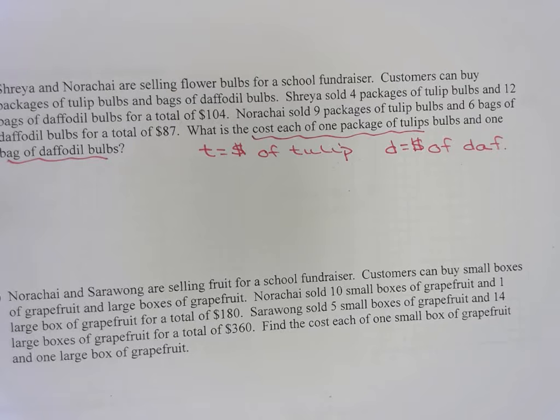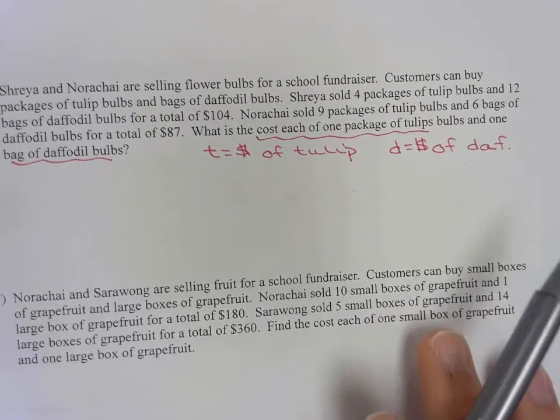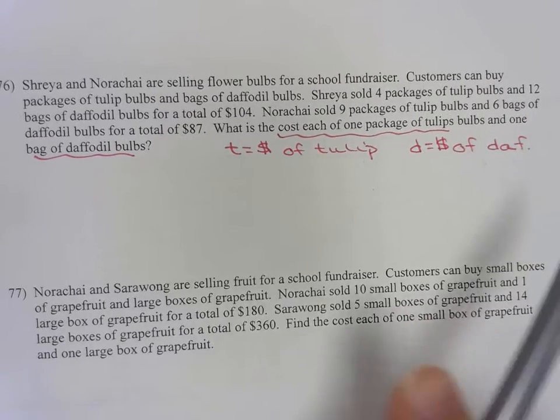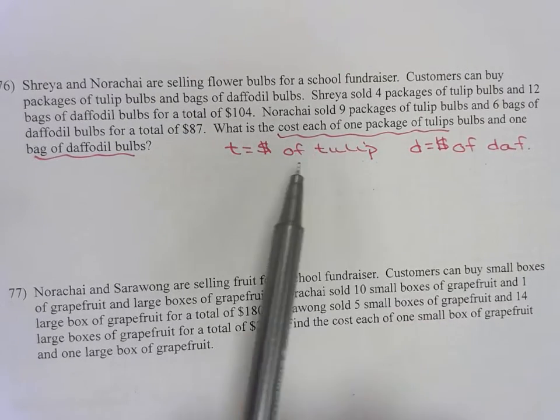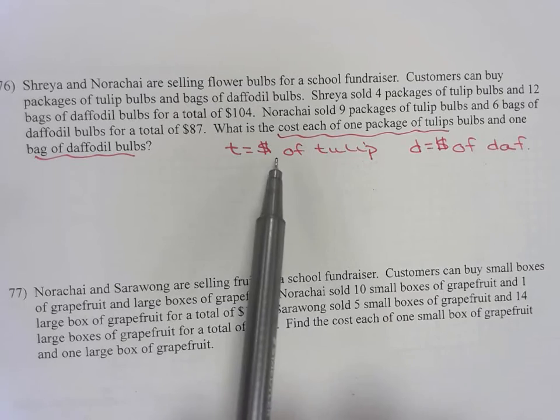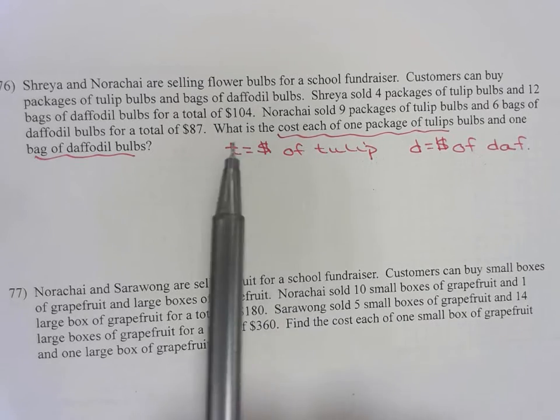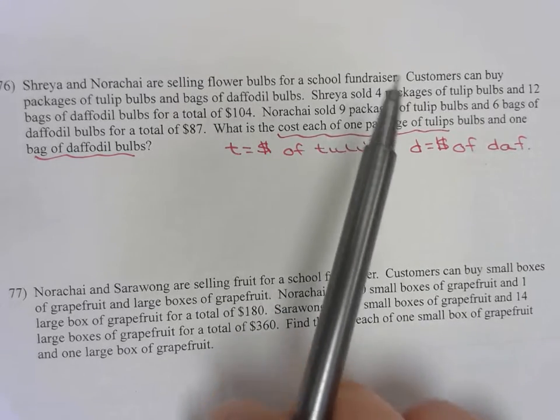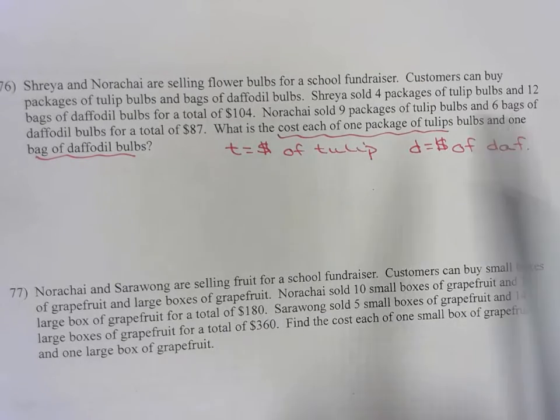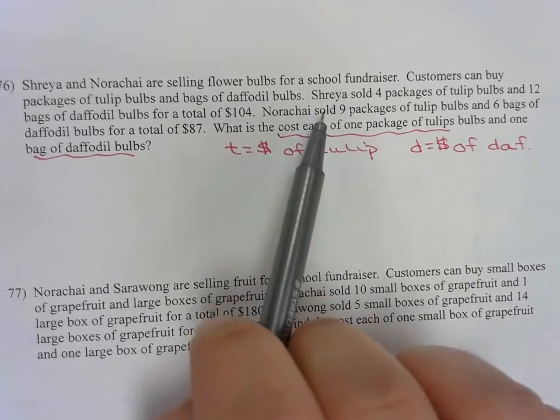Okay, so as I look at this, we are looking at setting up my 2 equations. So we have the price of tulips and the price of daffodils. So as I look at setting up my 2 equations, what's my 1 equation for Shreya going to look like?